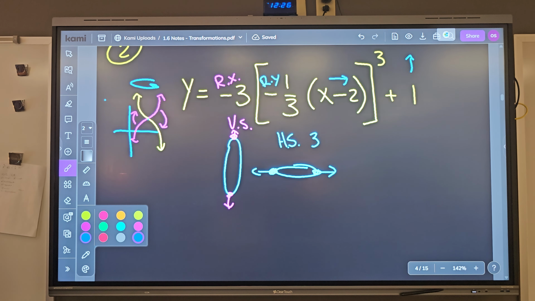Yes. I'm very confused. I think I might be off. Okay, on what part? Just on the horizontal vertical stretch, like. Yeah, that's the hardest part for sure. I put horizontal.